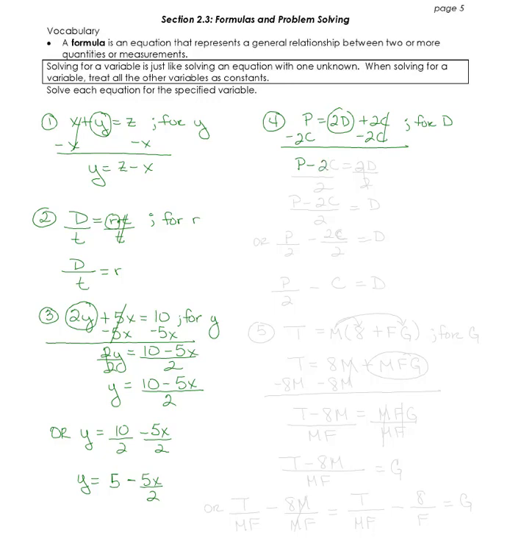P minus 2C is equal to 2D. Then the last step would be to do what? Divide by 2. So we have P minus 2C over 2 equals D.